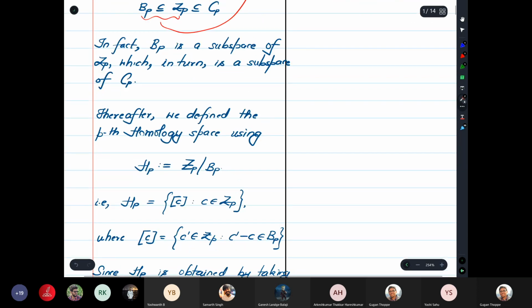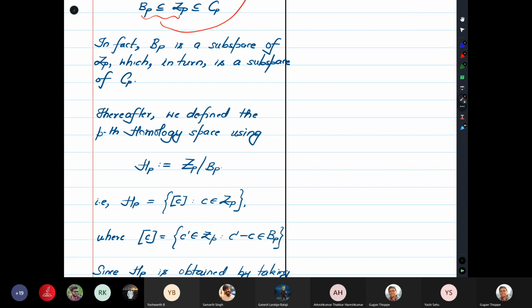Using this B_p and Z_p, we proceeded ahead and defined the pth homology space. The way we defined it was H_p is the quotient of Z_p with respect to B_p. This is the relation that we used.